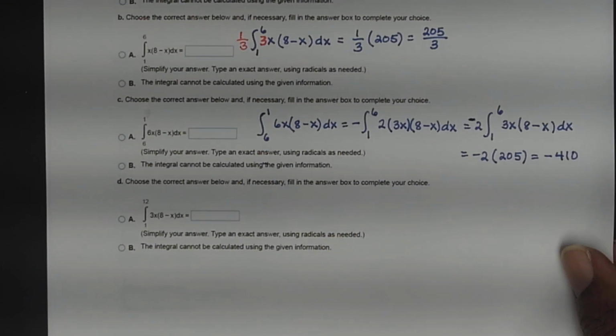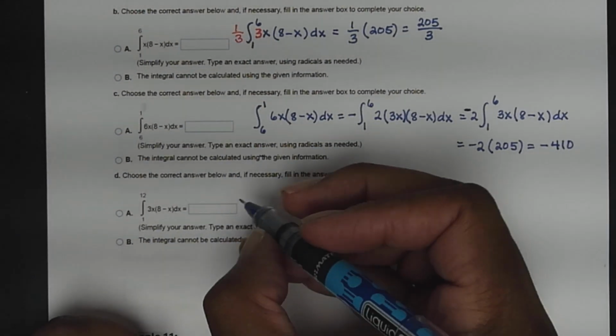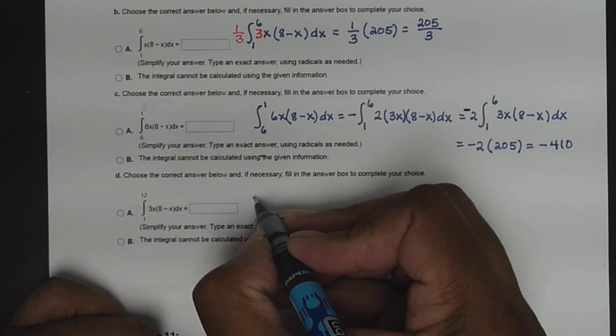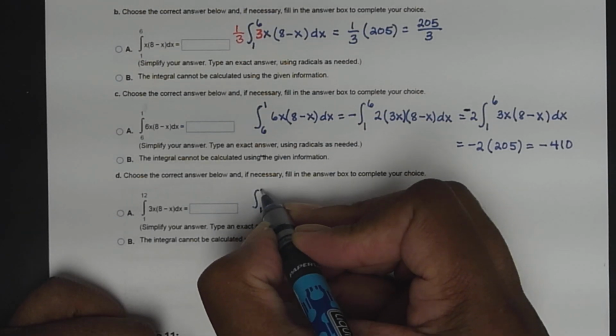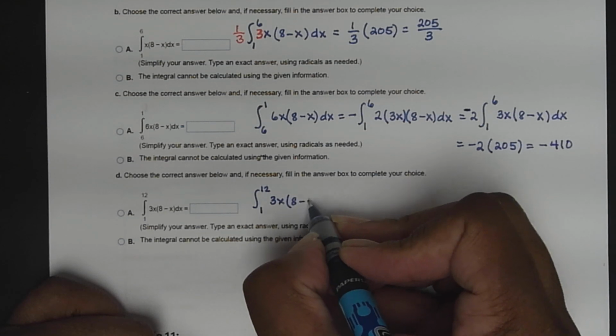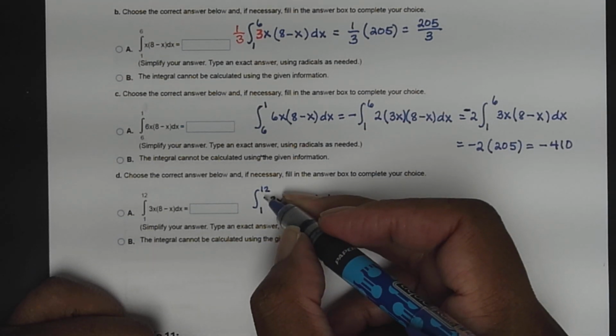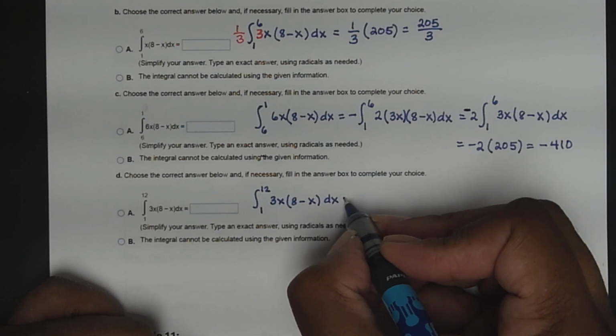And part D, here we got the integral from 1 to 12 of 3x times the quantity 8 minus x dx. Notice from 1 to 12. I only got from 1 to 6.